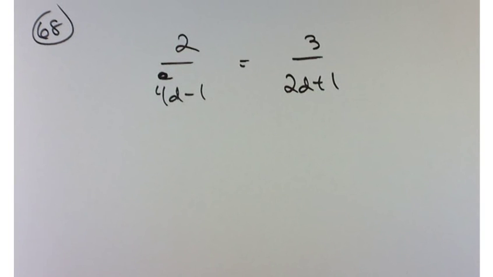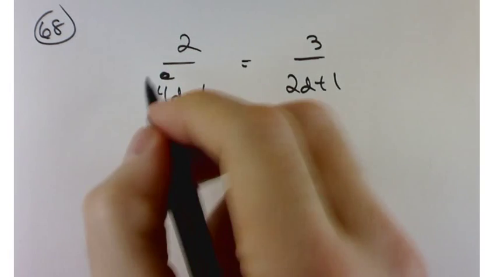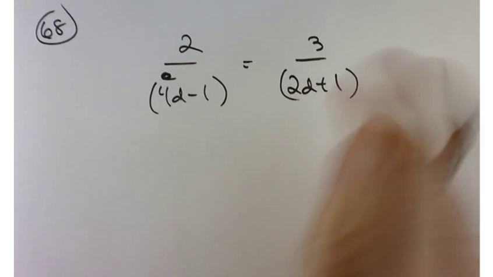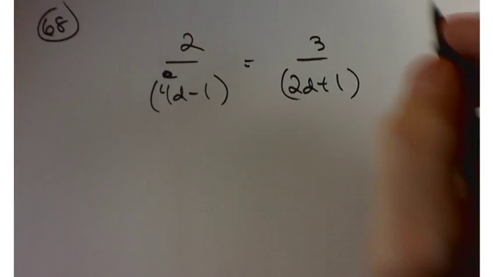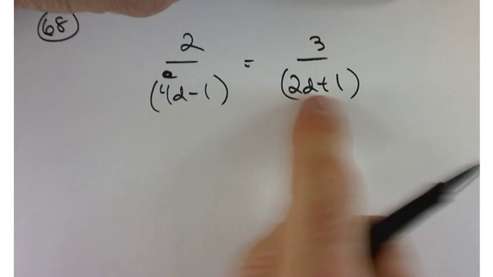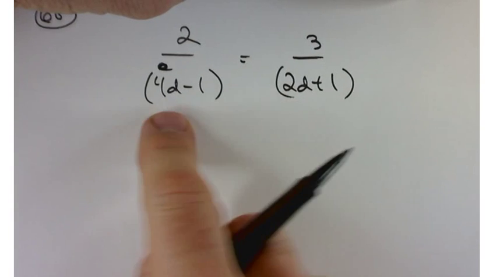Now, if we approach this from the point of view of what we did in section 7.6, you start out by looking at this and saying, okay, I've got this as a denominator and this as a denominator. I'm going to start by multiplying both sides by the LCD. The LCD for this equation is really just going to be the product of both of these things, right?